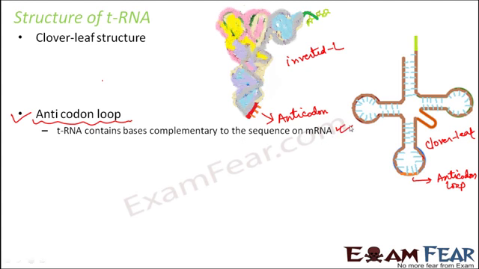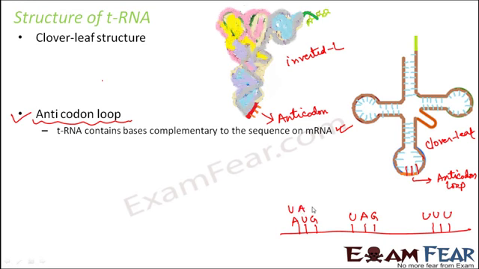As I said, the purpose of tRNA is to act as a link between the mRNA and the proteins. So these three which you see here will be complementary to the sequence which is present on the mRNA. Let us suppose this is the mRNA and it has sequences like this. When a tRNA comes here, the anticodon loop of tRNA will be this side and will have complementary bases when compared to the bases on mRNA.